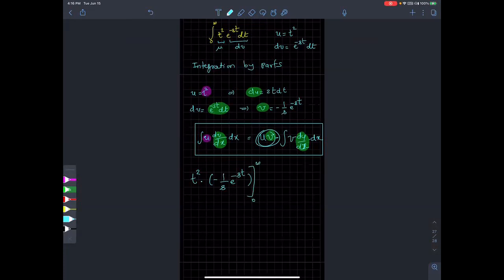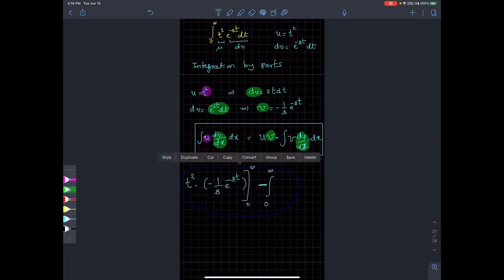Those are the limits of the integral. Minus, now I'm writing the second term of integration by parts, which is this guy, the integral of that guy. The limits of the integral still remain the same, 0 to infinity.